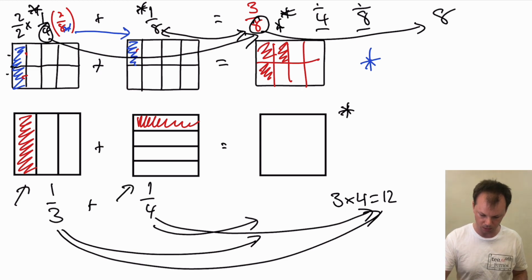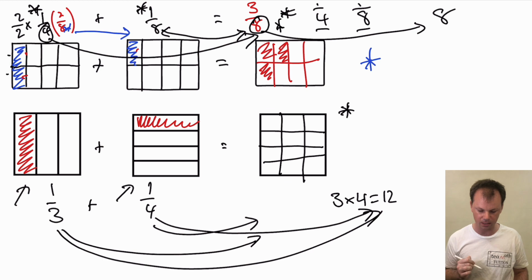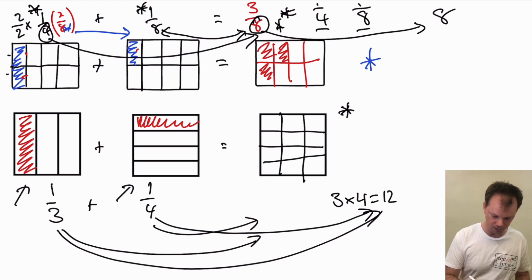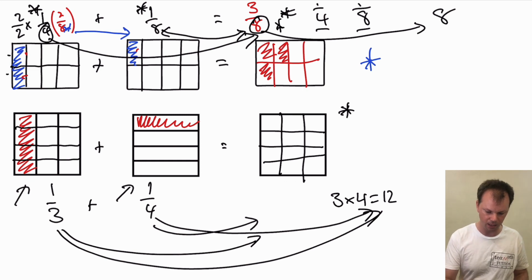So I'm going to cut this one into 12s. So we've got 3 there, and then we go 4 this way. Okay, so that's my 12 parts. Now I can easily cut this one in the left up into 12 parts. I just cut each part into 4. And here I can cut each part into 3.